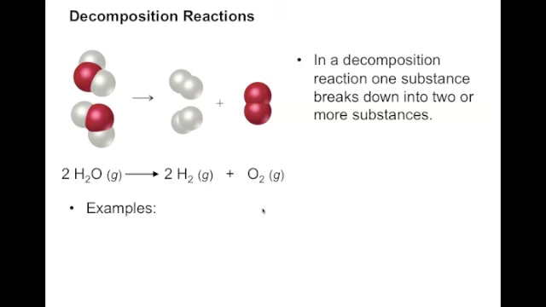Here are some other examples of decomposition reactions. Calcium carbonate or limestone, when heated in a kiln above 800 degrees Celsius, will drive off carbon dioxide gas, leaving behind what is known as quicklime or calcium oxide. This is a process that dates back at least to 4000 BC, and was used by the ancient Egyptians to generate a mortar out of this calcium oxide.